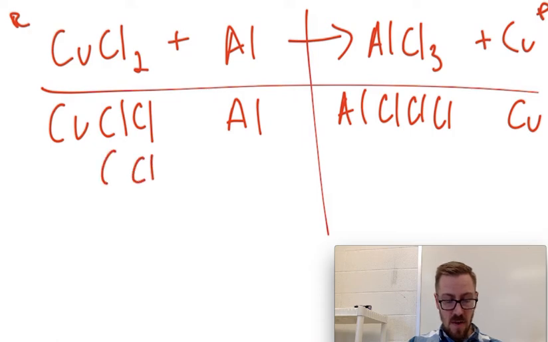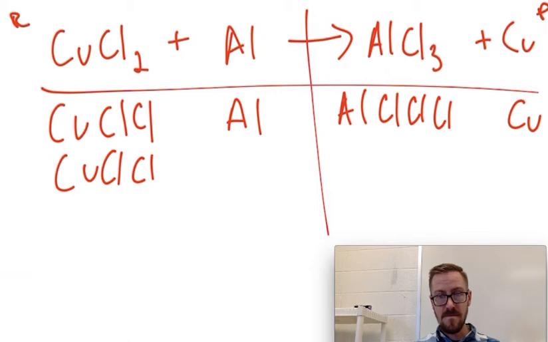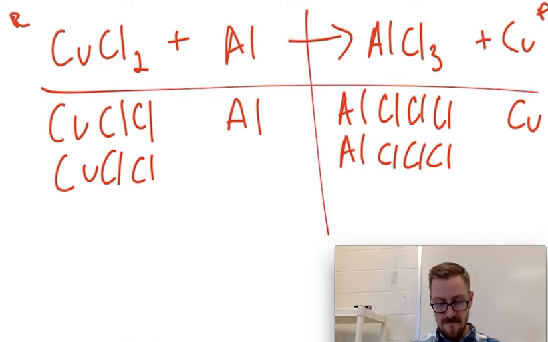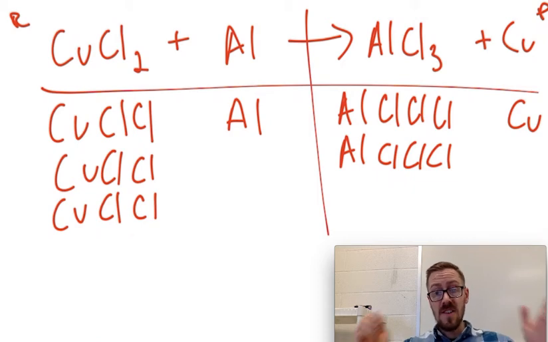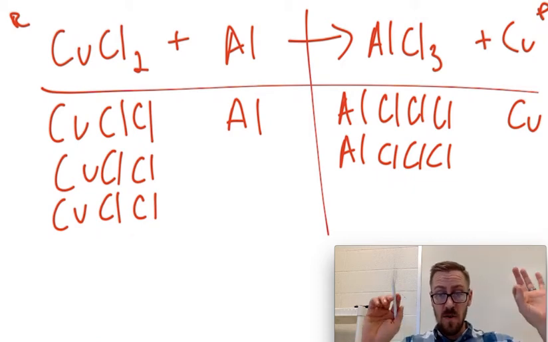And again, we have to add the whole molecule, whether we want to or not. So we need another chlorine on this side now to balance that off. And again, it comes with more stuff. And then we need more chlorine over here to balance that off. Okay, now my chlorines are fixed. I have 6 to 6. We're okay.